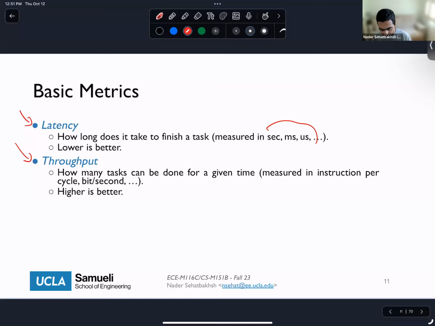For latency, of course, lower is better, right? The lower the latency, the faster it can do. So when we are designing a processor, what we really want is to reduce the latency per instruction. If I can run an instruction faster, then my overall execution time will be better.